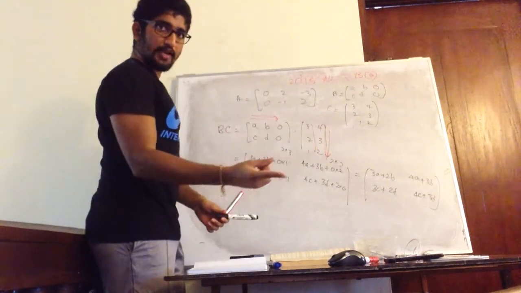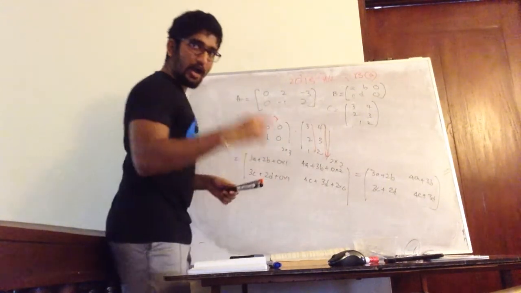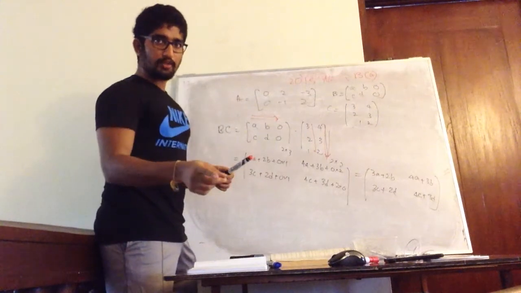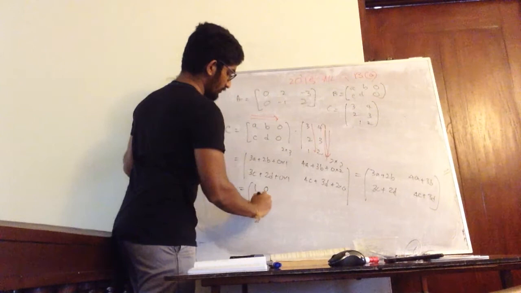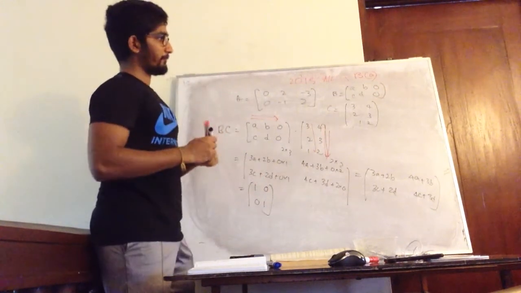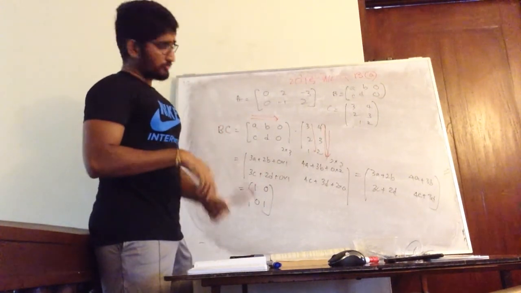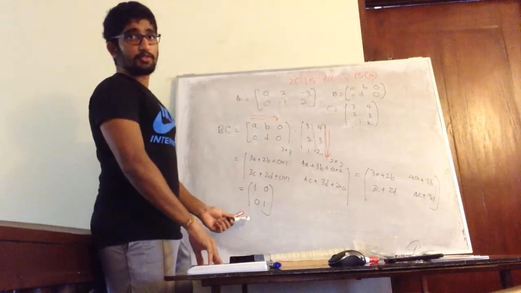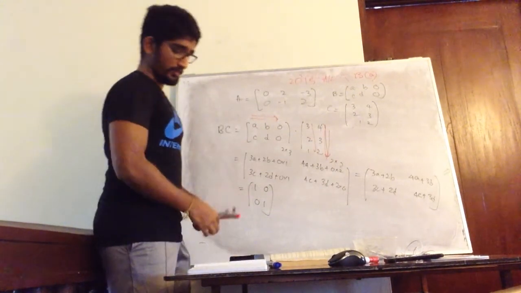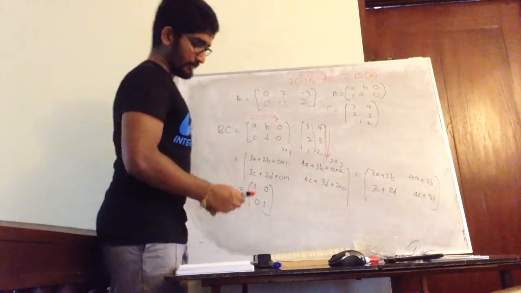Now we know that this is going to be I2. That means 1 0 0 1. So now we have 4 unknowns and 4 equations, so we can find those. Let's do that now.